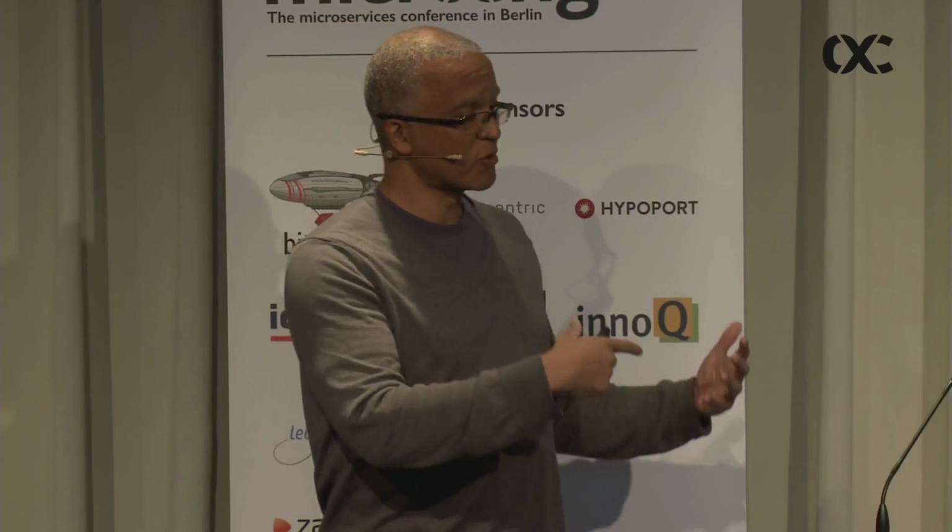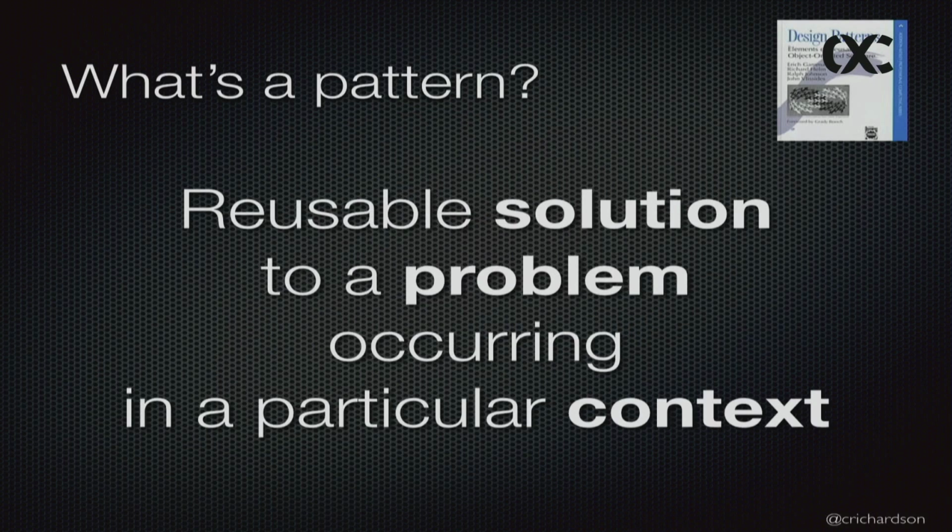A good definition is that it's a reusable solution to a problem that occurs in a particular context. The notion of a problem occurring in a context is incredibly valuable, because where and when you apply a technology, and whether you're going to be successful, really does depend on the context. So at a high level, this pattern stuff seems to have something interesting to it.